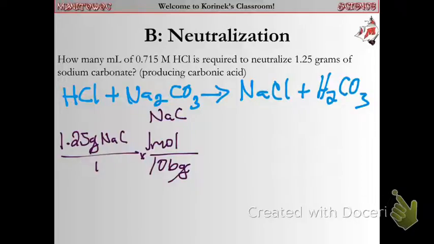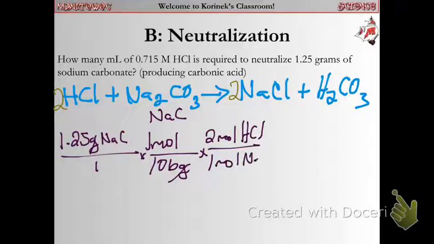But one thing that you'll probably notice from this equation is it's not quite balanced yet. So you need a 2 there, right, and a 2 there. So at this step, we're actually going to have to use that mole ratio. Every 2 moles of HCl requires 1 mole of NaC. Okay, so that's going to give you moles of hydrochloric acid.